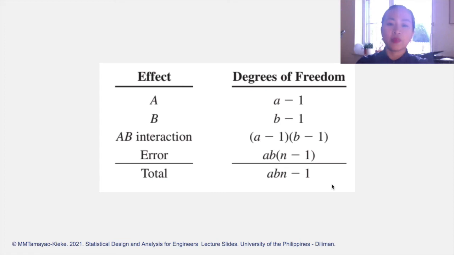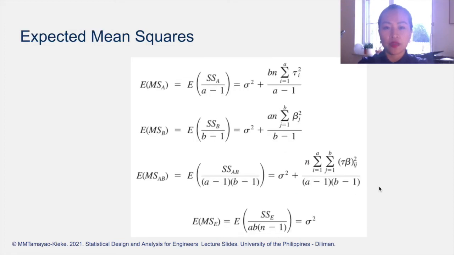Now let's look at the expected mean squares. We know that mean square is equal to sum of squares divided by degrees of freedom. So for factor A, for example, mean square A is equal to SSA divided by a minus 1, which is the degree of freedom for factor A. Therefore, expected value of MSA is equal to expected value of SSA over a minus 1.